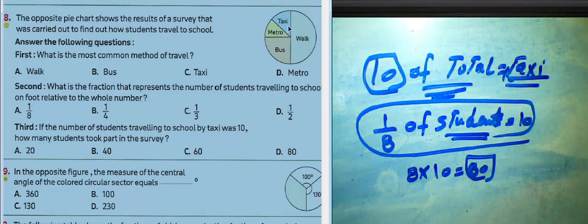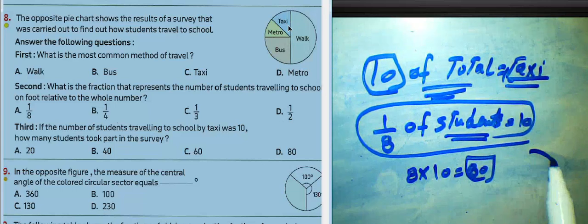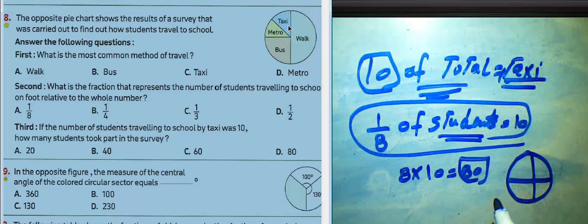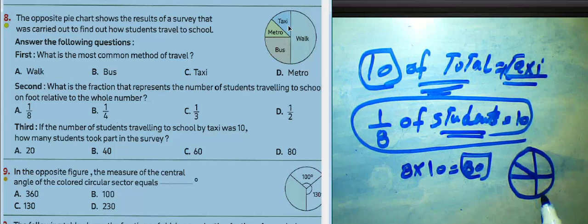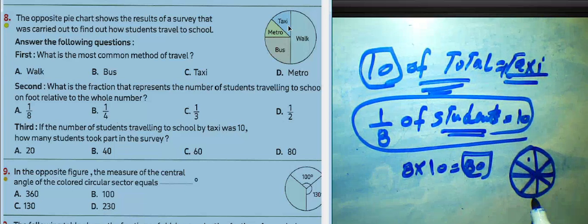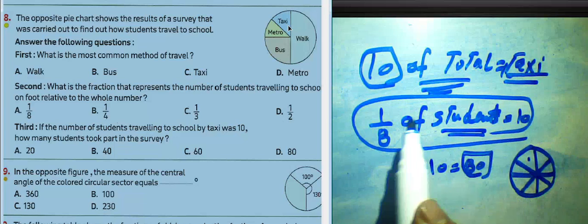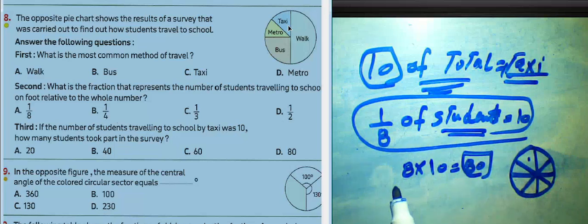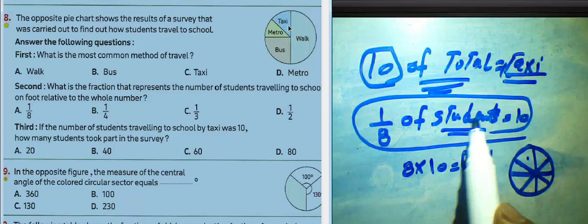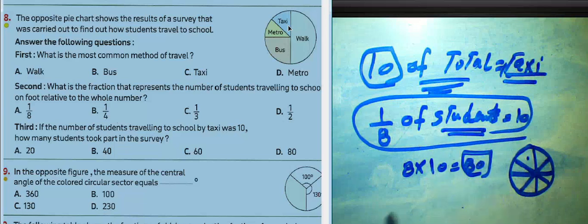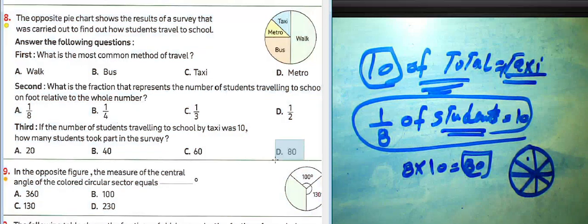If we complete this circle with line segments here and here, this part refers to 1 over 8, 1 part from 8. 1 over 8 of the total equals 10. So the total students here will be 80. Okay. So the result here will be 80.